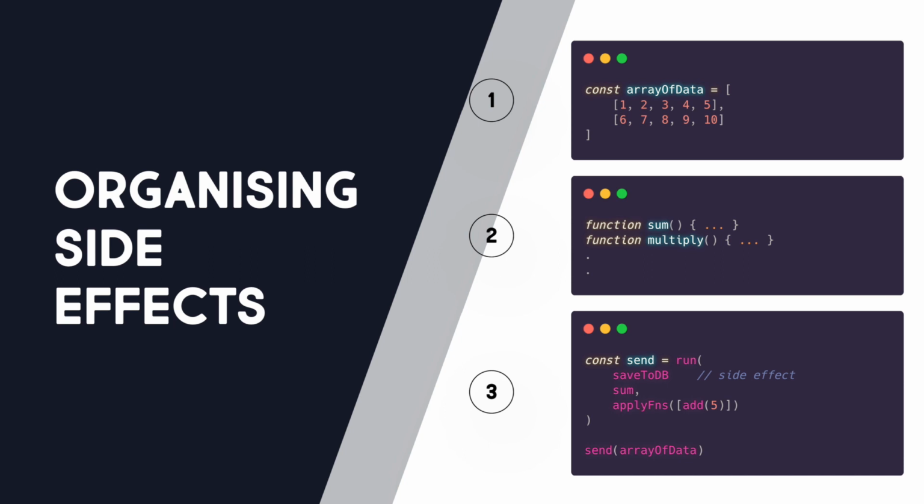And all of this is happening within the run function, which you can call a function runner, or in our upcoming videos, we are going to refer to this run function as the compose function. But for simplicity, let's consider this as a function runner, which basically runs one function after the other in the order of right to left.